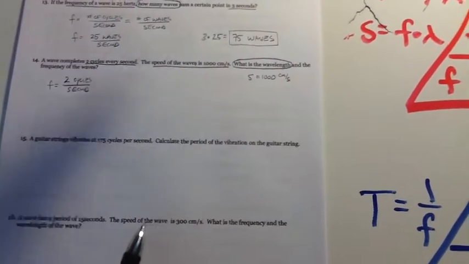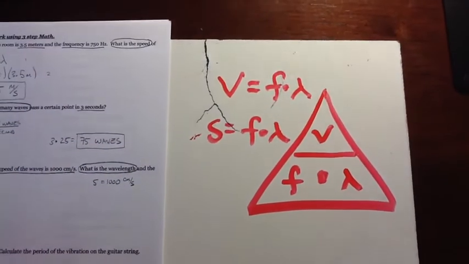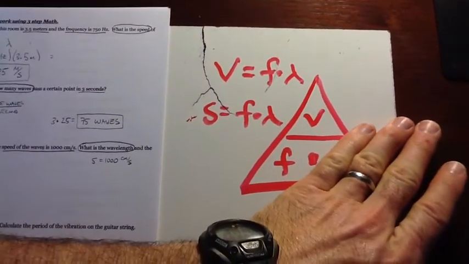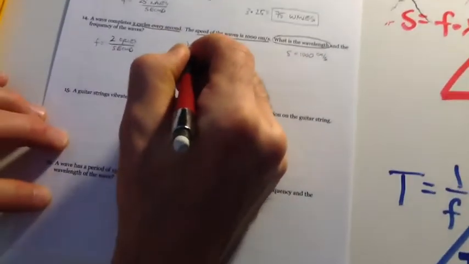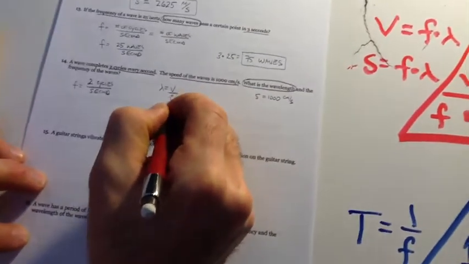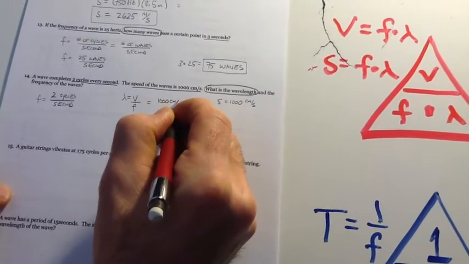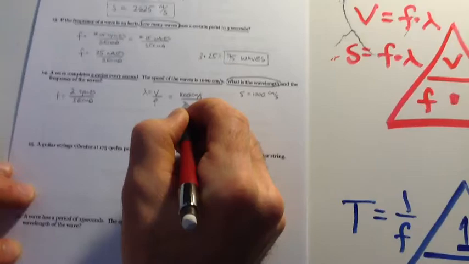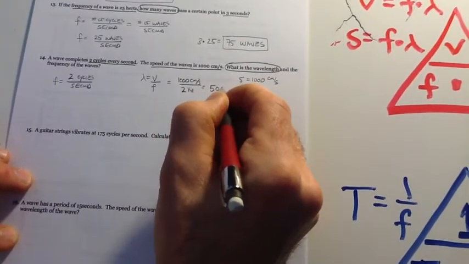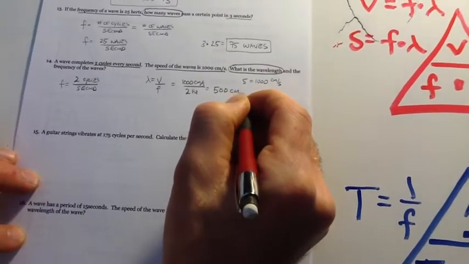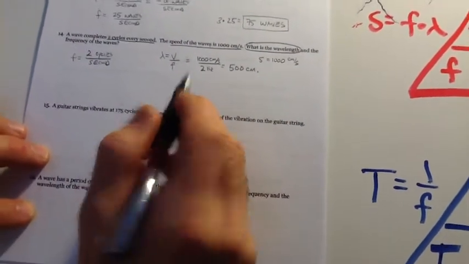So if we look over here to our triangle, what is the wavelength? Well, wavelength is velocity divided by frequency. So wavelength equals velocity divided by frequency, which is 1,000 centimeters per second divided by 2 hertz. And the answer to that is 500 centimeters. Now, if you don't want to use your triangle, I understand.